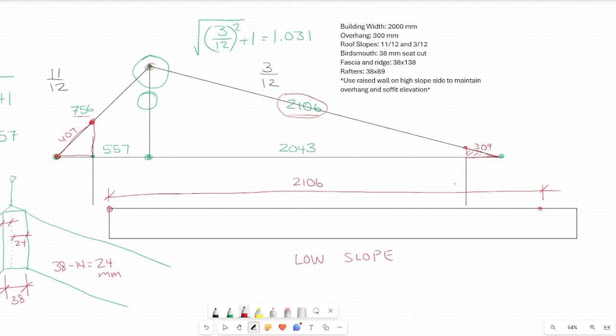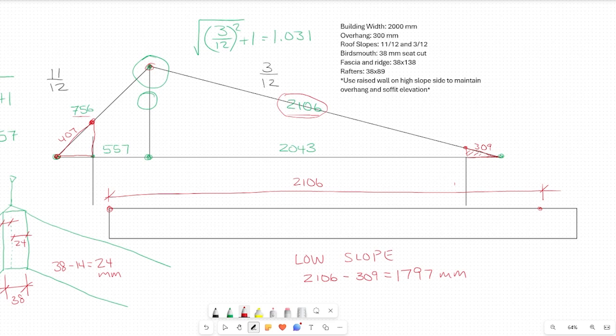This is our full rafter. Then I'll take 2,106 and subtract 309, and this is equal to 1,797.